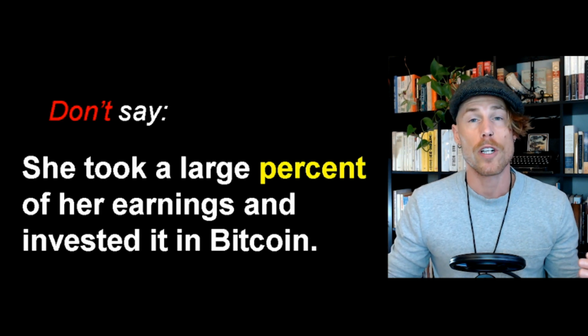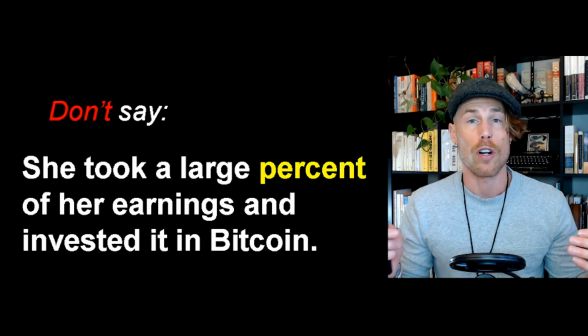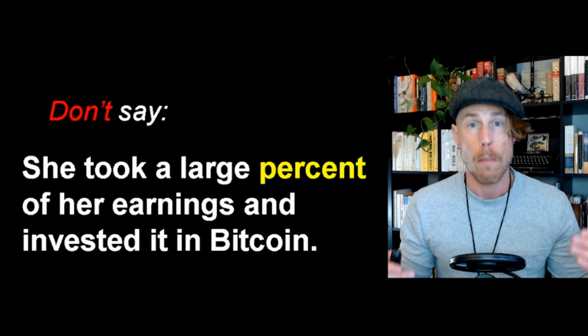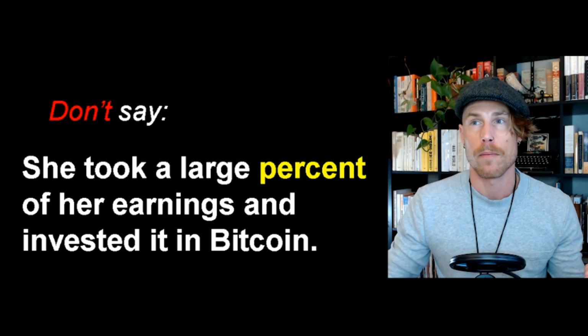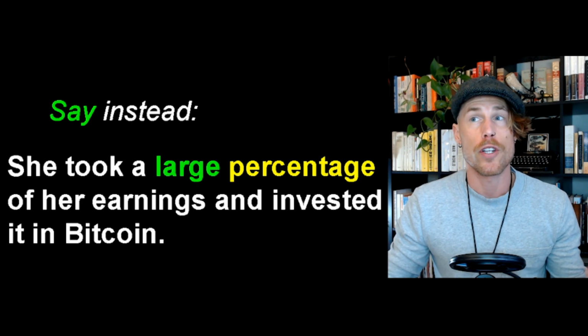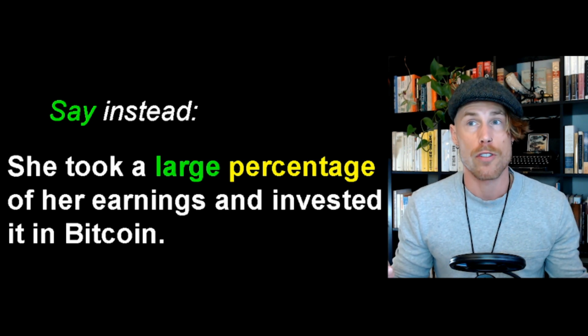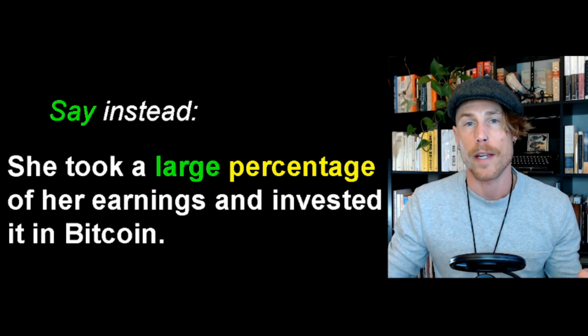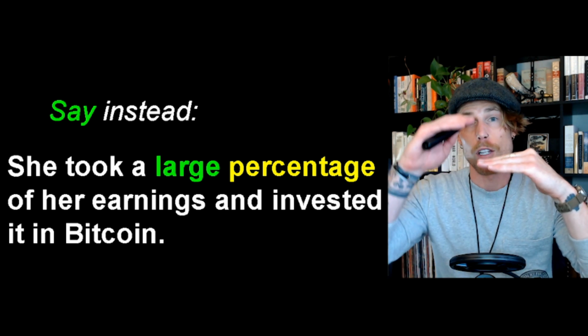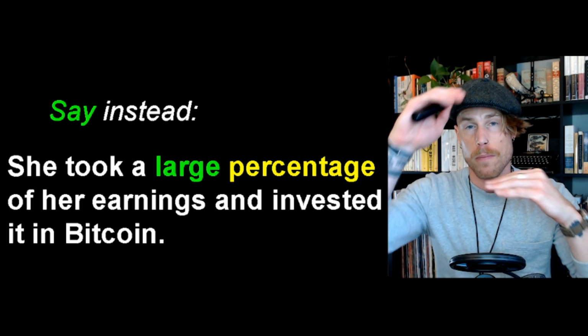Don't say, she took a large percent of her earnings, her money, and invested it in Bitcoin. Say instead, she took a large percentage of her earnings and invested it in Bitcoin. Small percentage, large percentage.